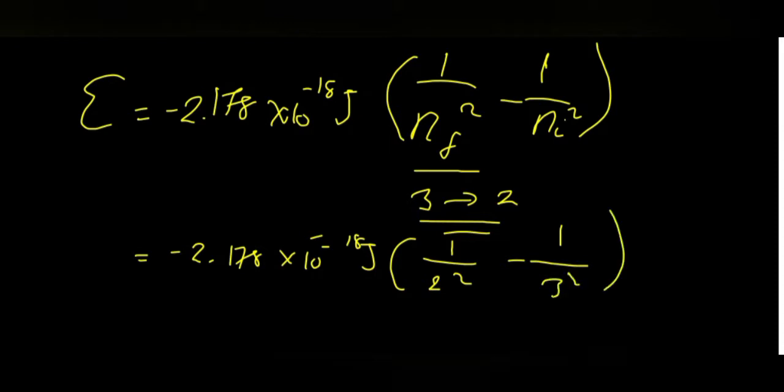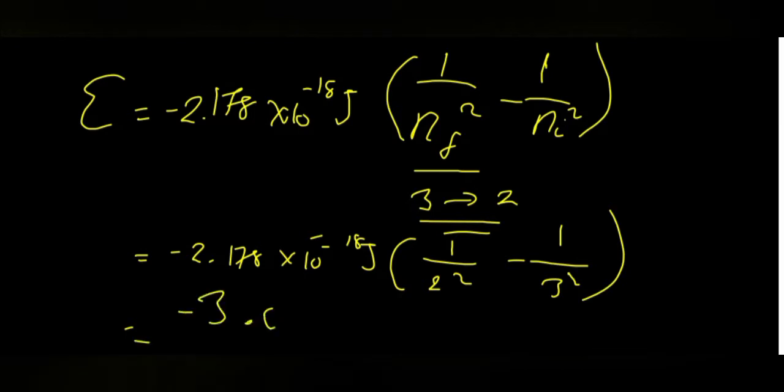So 1 over 4 minus 1 over 9 is giving us 5 over 36. Now multiply that number by negative 2.178 times 10 to the power negative 18, and what we get is negative 3.025 times 10 to the power negative 19 joules.